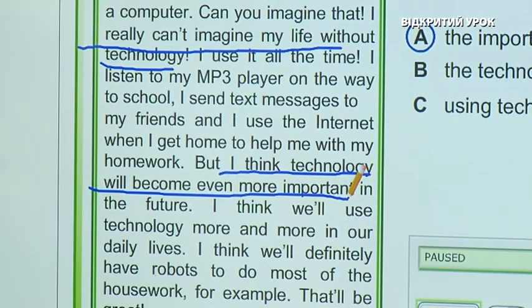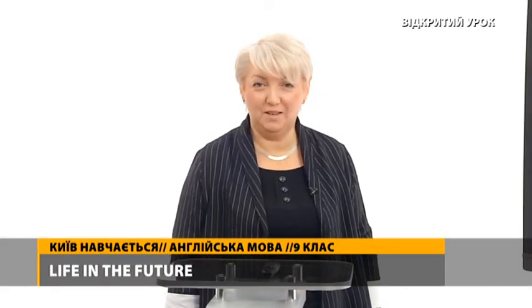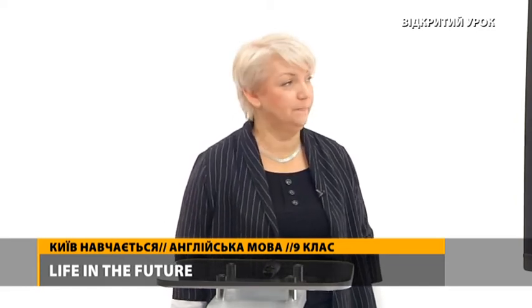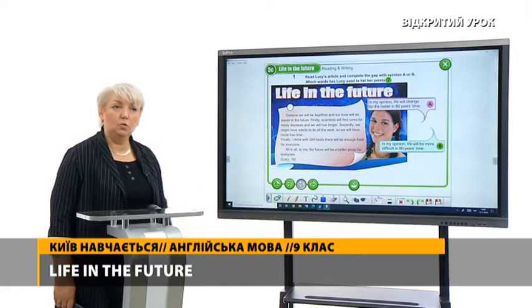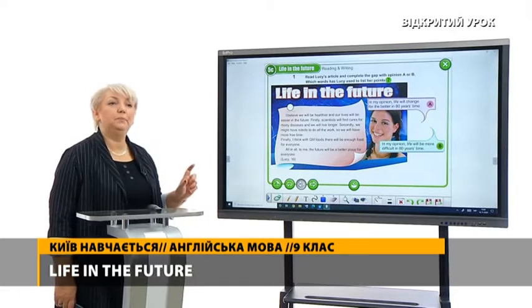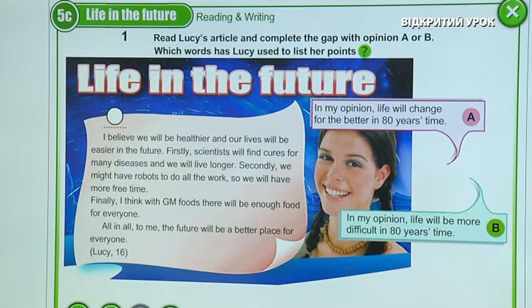By the way, do you remember what your homework was for today? I think you do. You wrote a short piece of writing about our future. Life in the future is a good title for this type of writing.